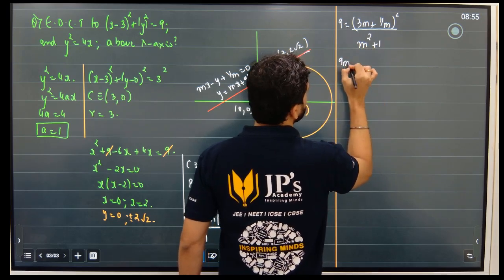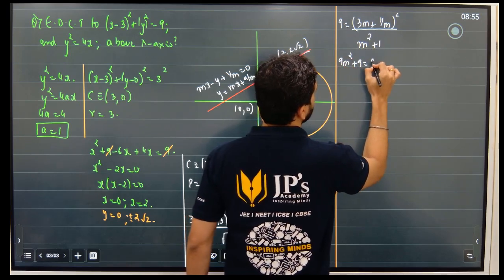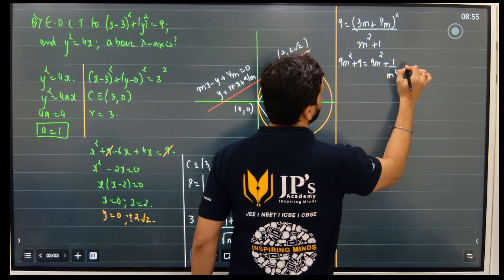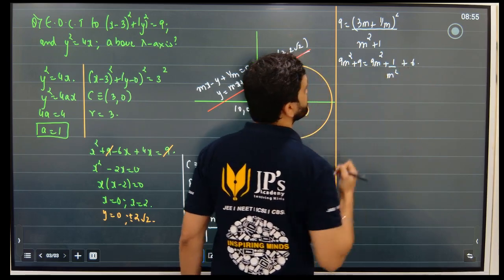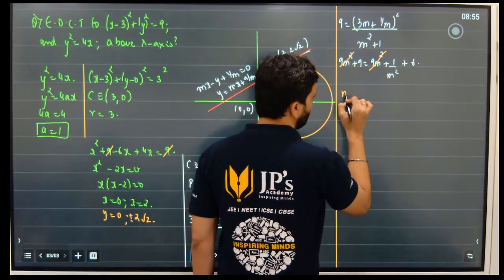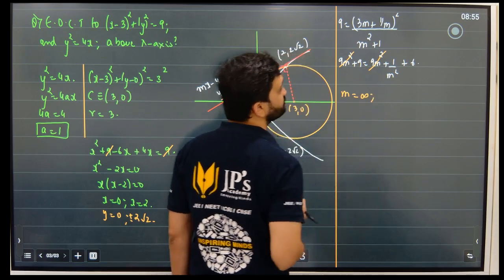So 9m square plus 9 is equal to 9m square plus 1 by m square plus 6. Now my 9m square gets eliminated. This means m becomes infinity.